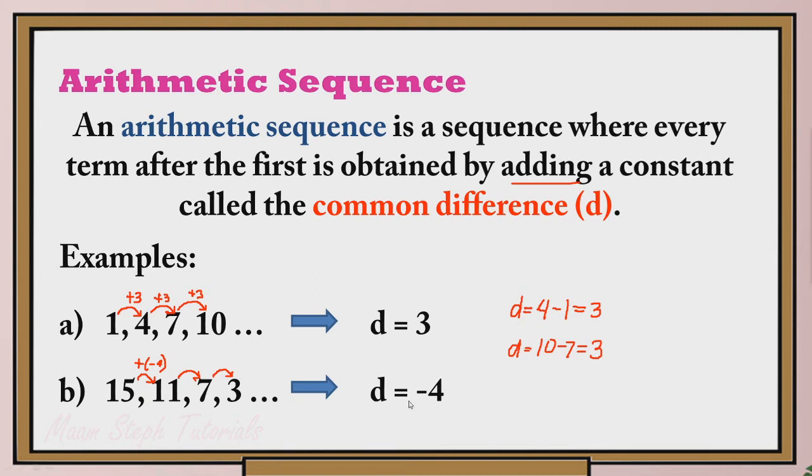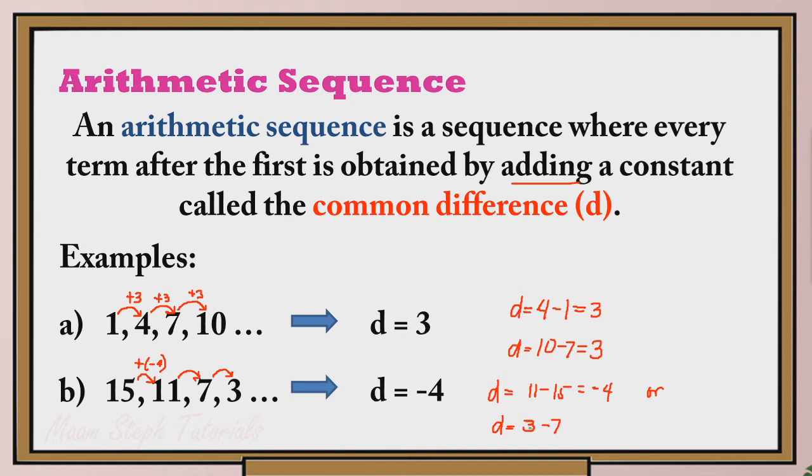And another way of getting negative 4 is katulad ng ginawa natin sa first example. We will just choose any term. Let's say we choose 15. And then we will subtract 11 minus 15. That is equal to negative 4. Or, if we will choose 7, we will subtract that from 3.